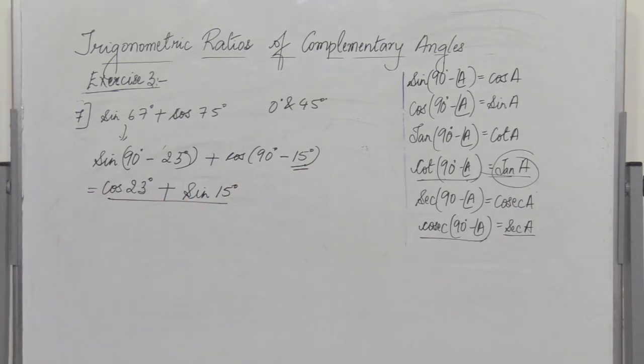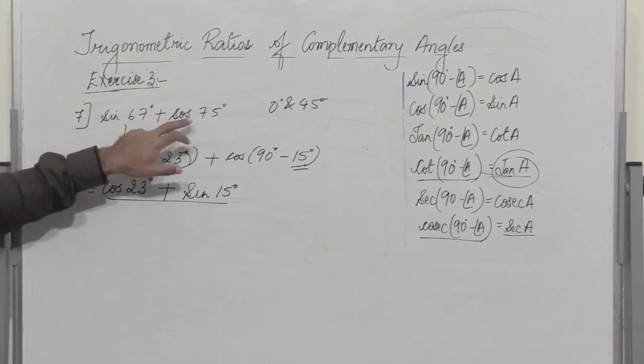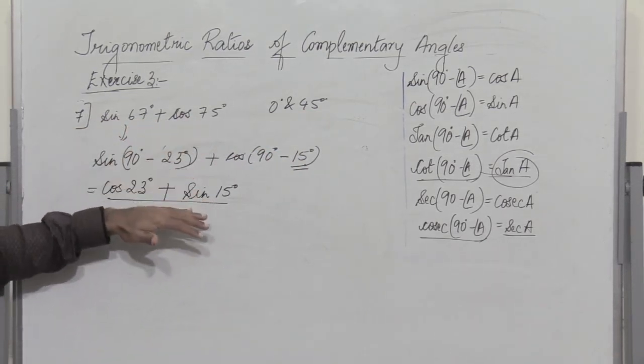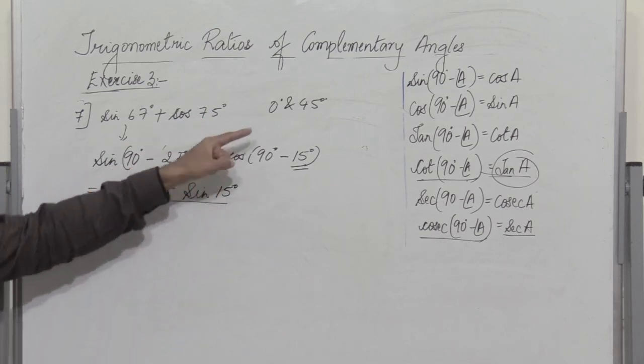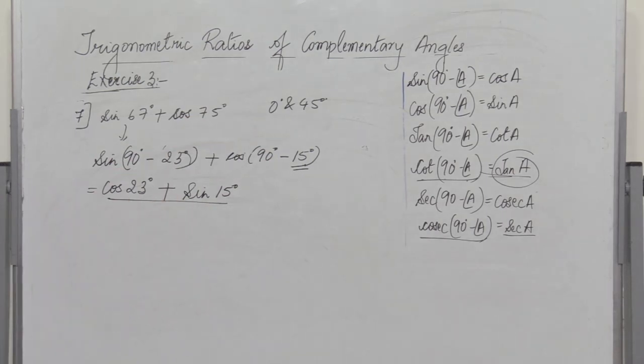The question is, I need to represent sine 67 plus cos 75 in terms of some trigonometric angle which is between 0 and 45 degrees. So sine and cosine have now been represented as cosine and sine in terms of trigonometric ratios, but the angles are between 0 and 45. So I have 15 here and I have 23 here.